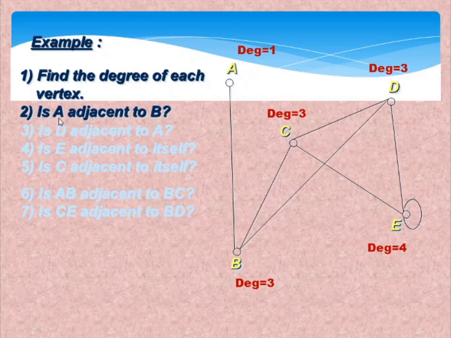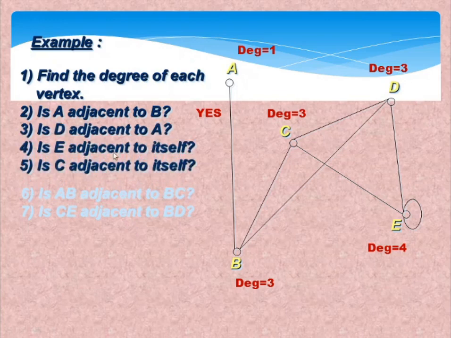Fine. Now, what do you mean by adjacent vertices? We have seen that if there is an edge between two vertices, they are called adjacent. If there is no edge, then we say that they are not adjacent to each other. Is A adjacent to B? Look at this, A and B, there is an edge, so yes, A and B are adjacent to each other.